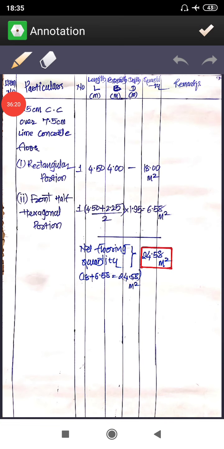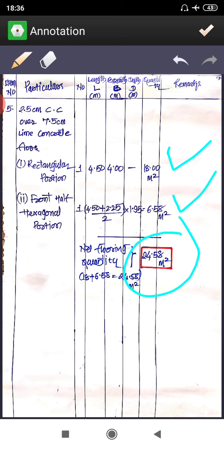Then add these quantities, 18 plus 6.58, you'll be getting 24.58 meters square, right. So these I have compared with the center line method and I got the same values whatever I am having here. You also cross verify that.